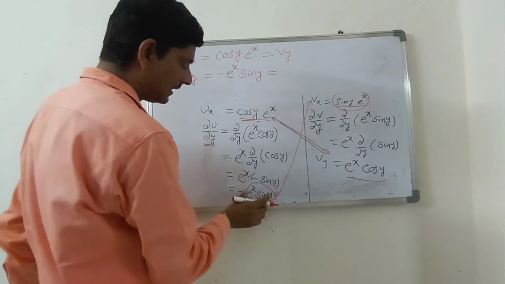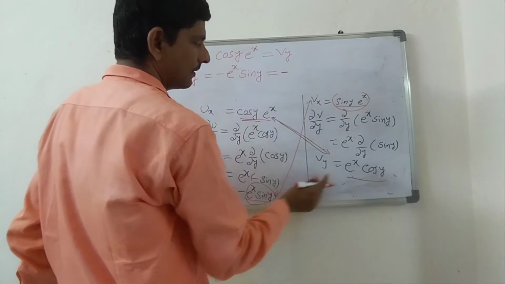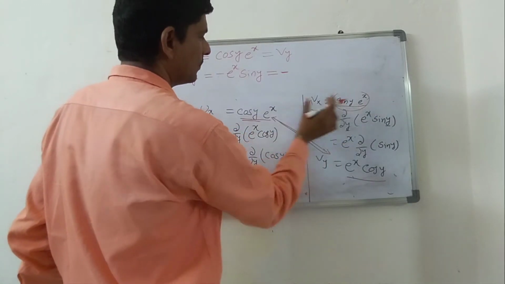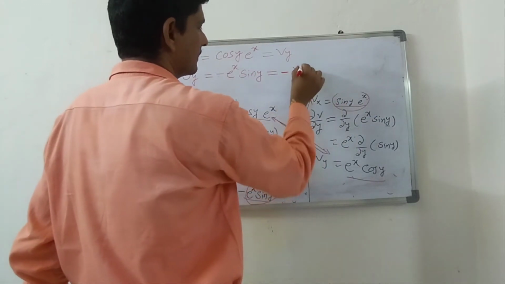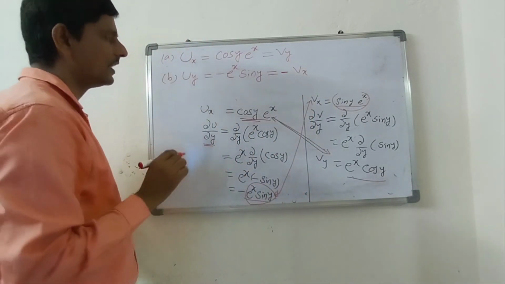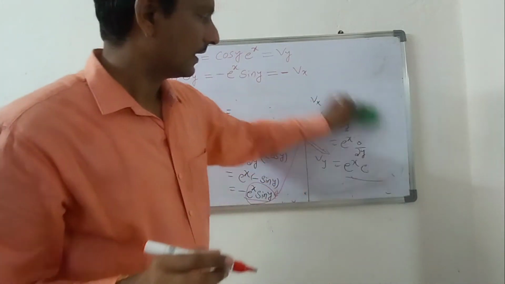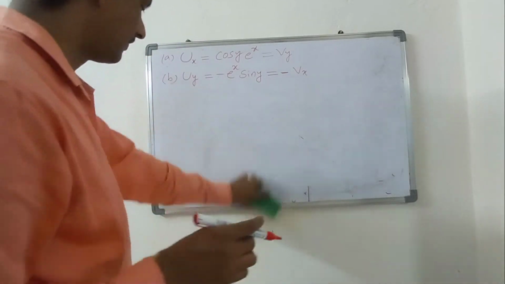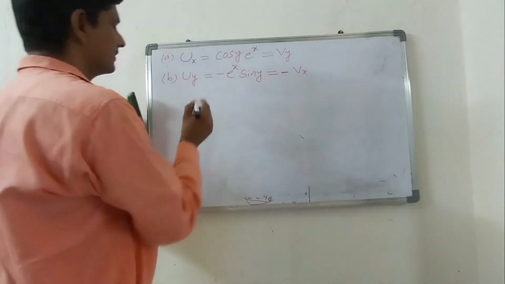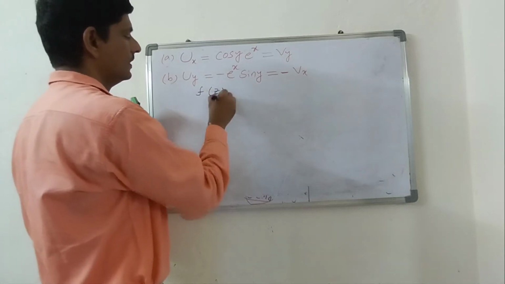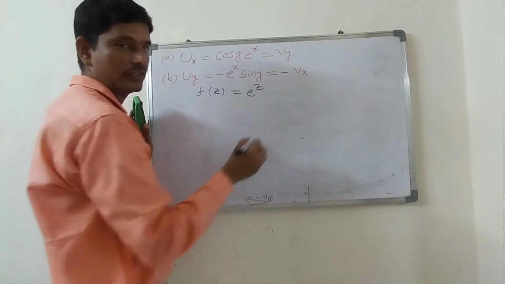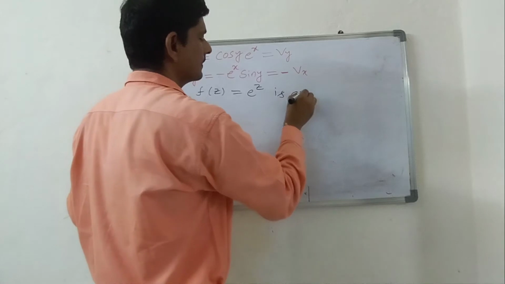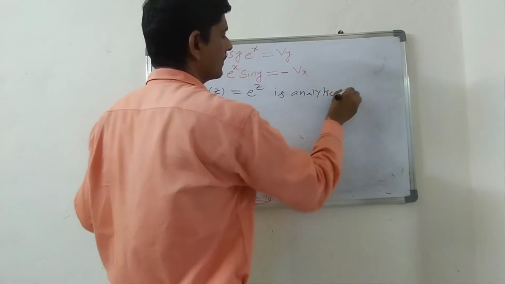Okay, so it is clearly equal to minus vx. Sin y into e power x we can write as vx. So second condition is also satisfied. Therefore, given f of z is equal to e power z is analytic function.